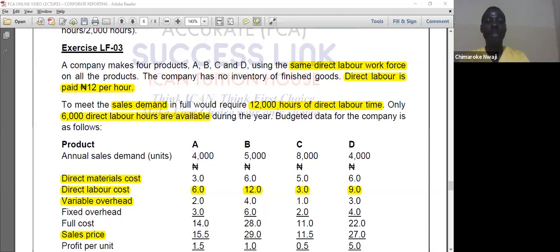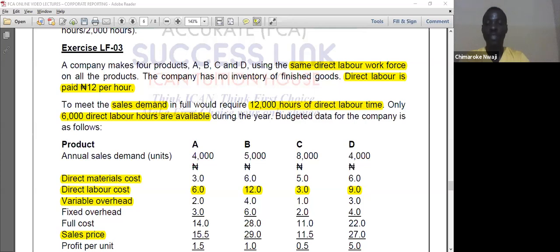And now look at the labor rate. We were told that we are being paid 12 naira per hour. So all of them contain 12 naira per hour. So we simply say 6 divided by 12. We did it before, it gives you 0.5. When you divide 12 by 12, you get 1.